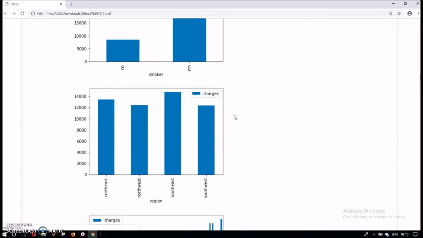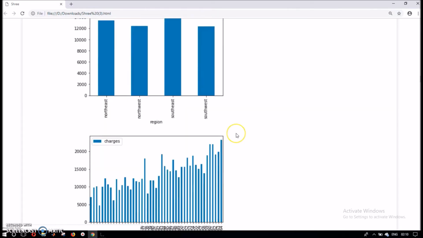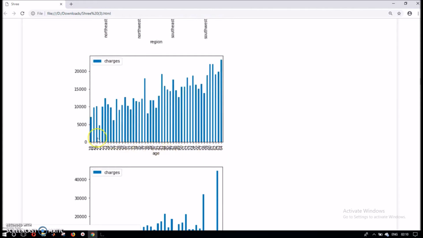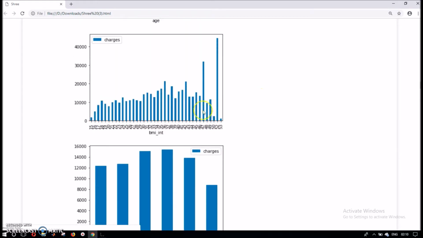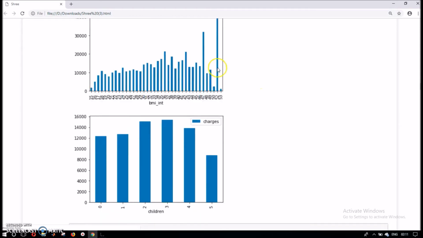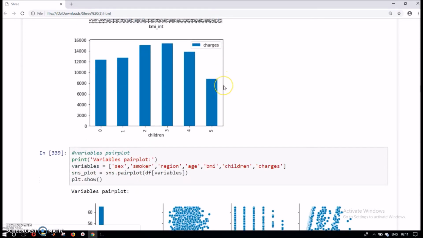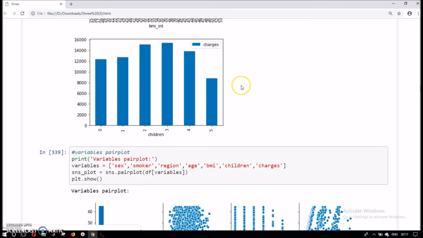Charges are nearly independent of the region. With age we can see a general trend that charges rise. It seems quite BMI independent, and it seems similarly independent of the number of children the patients have.